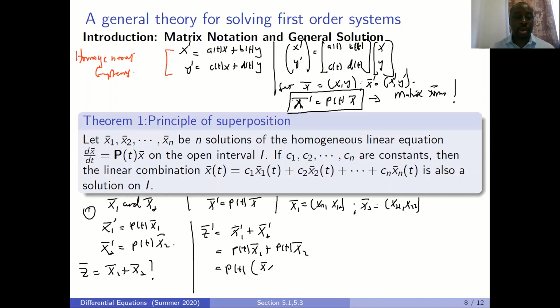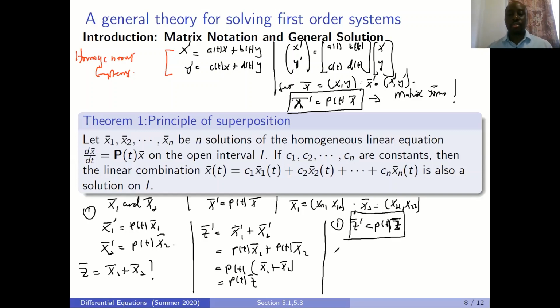This gives me x bar 1 plus x bar 2, and I know that x bar 1 plus x bar 2 is z. So I have p of t z bar. And so I have the result that z bar prime is p of t z bar, and that is saying that z bar satisfies the homogeneous system of equations.